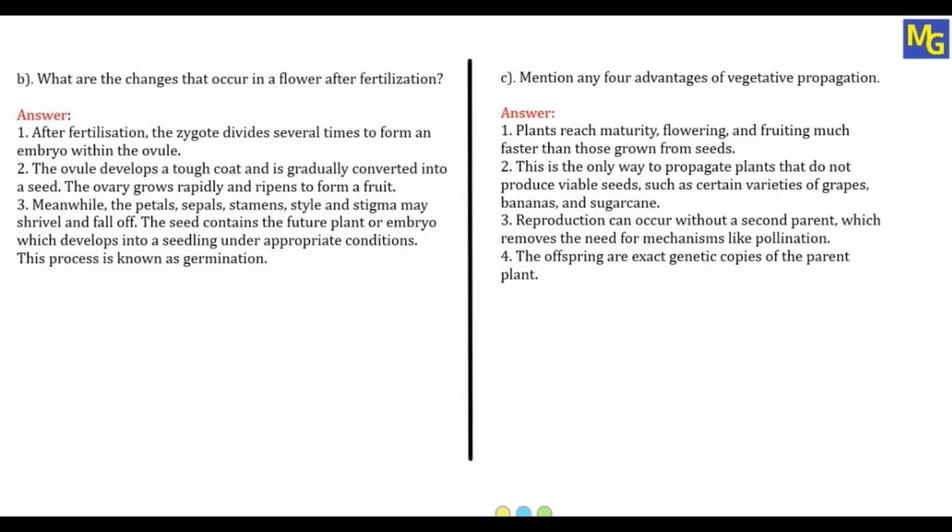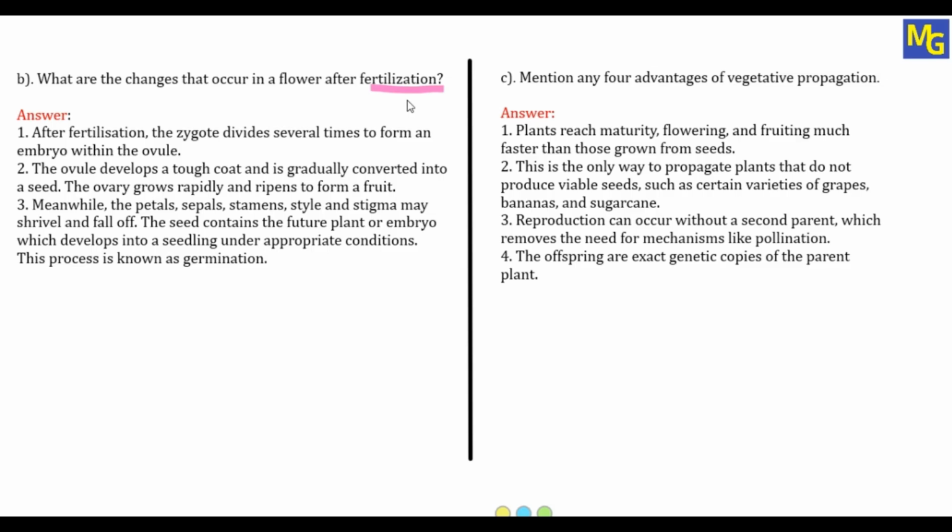What are the changes that occur in a flower after fertilization? So once the pollen grain from the stigma enters the ovary with the help of the pollen tube, it will go and fuse with the egg and fertilization takes place. So after this fertilization, what will happen in the flower, that we have to write.